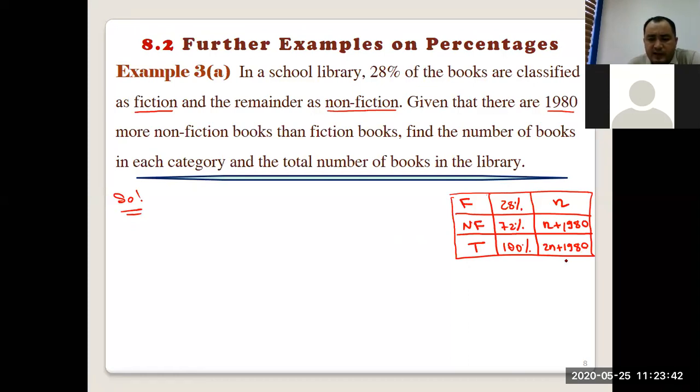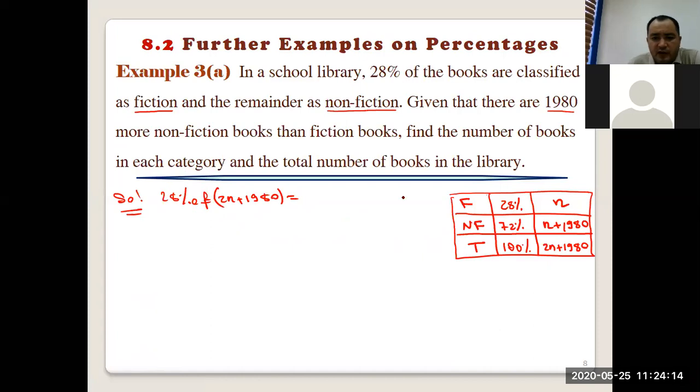So I can use either this equation or this equation because 28% of these books are fiction, right? So that means 28% of all the books, this line is 28% of all the books, right? How many books in the library? 2n plus 1980 is equal to, and it is fiction.